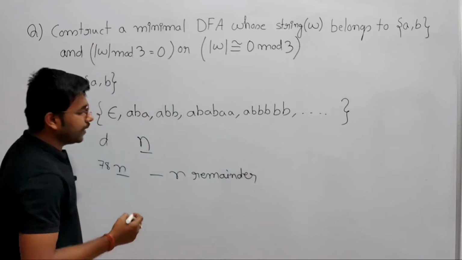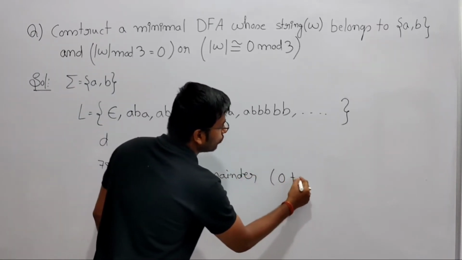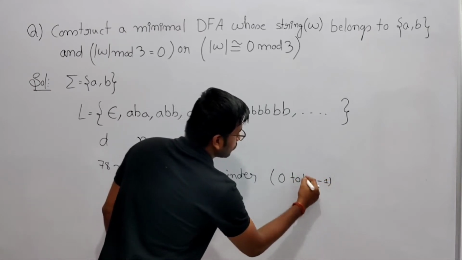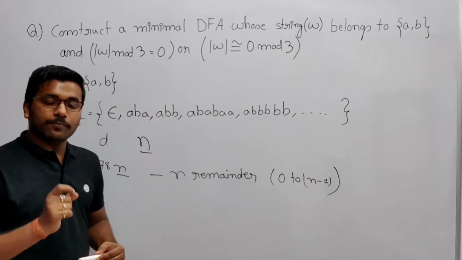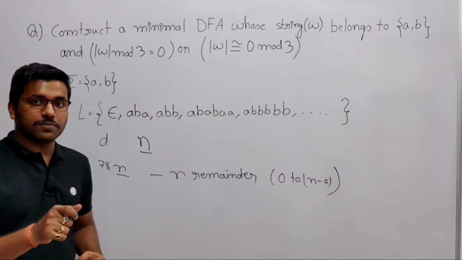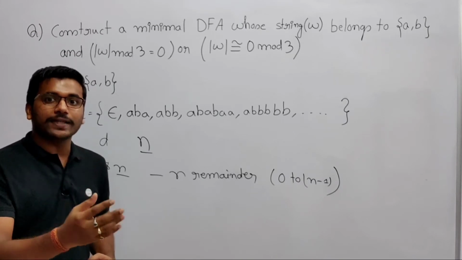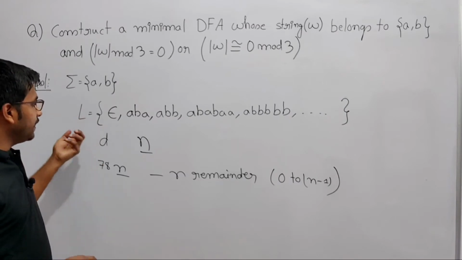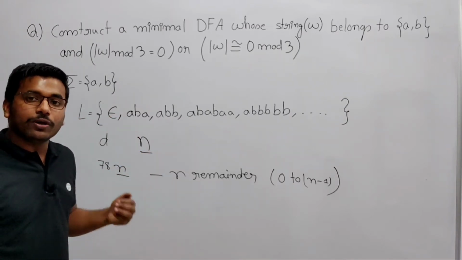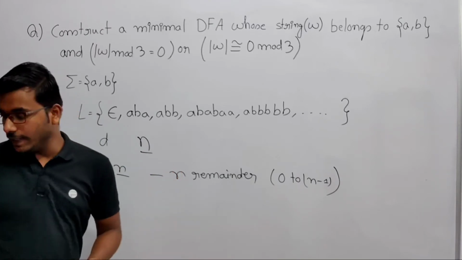This is the trick here, and the remainders are going to be 0 to n minus 1. Because of this logic, we always construct a minimal DFA that will contain n number of states. One state will indicate remainder 0, another 1, 2, like this till n minus 1.